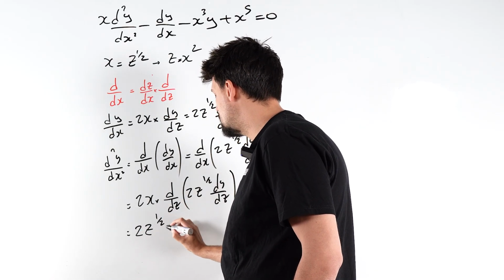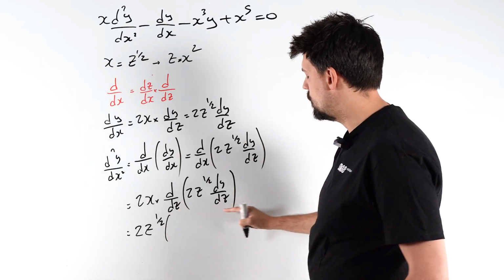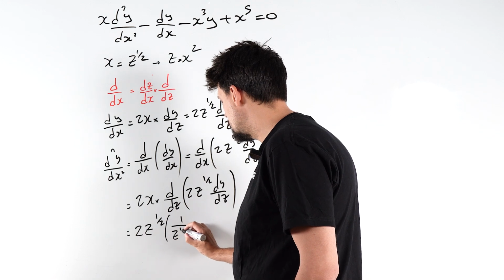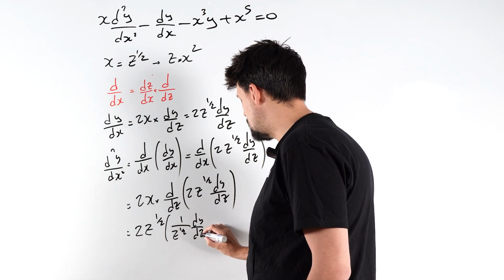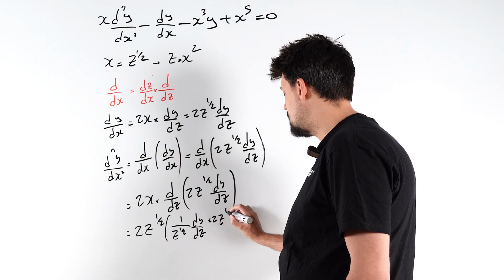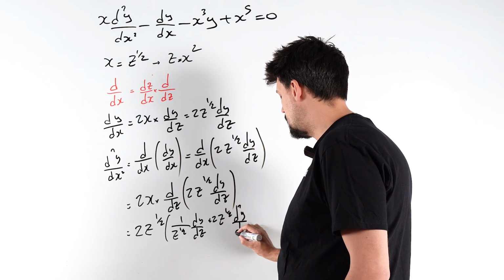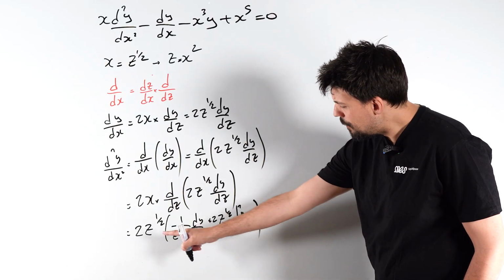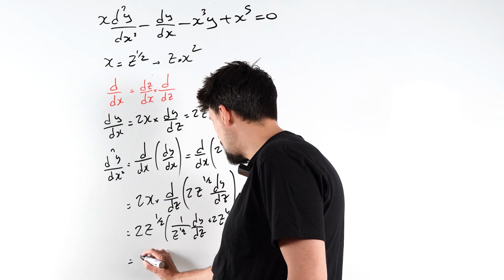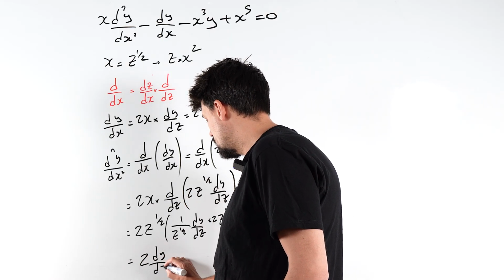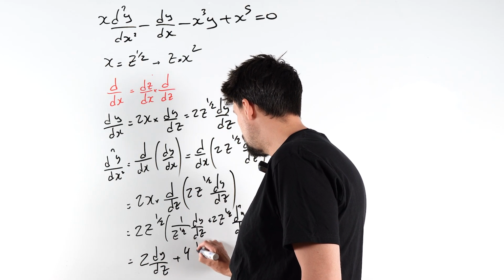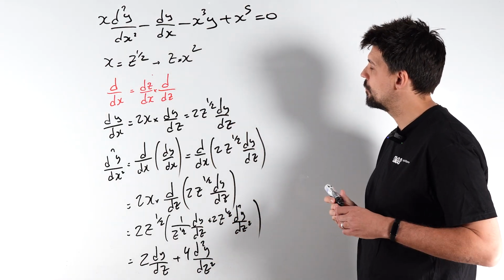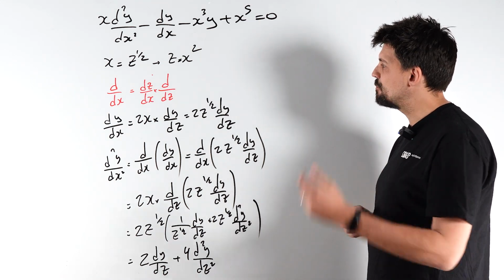That's 2z to the 1/2. Differentiate 2z to the half, that is 1 over z to the 1/2, keep the dy/dz, plus keep the z to the 1/2, differentiate the dy/dz. If I multiply that all out, I will get 2 dy/dz plus 4z d2y/dz squared.